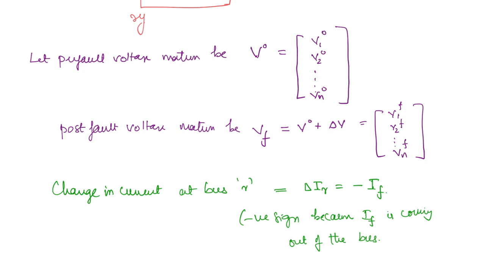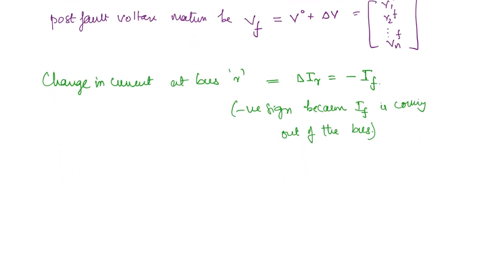Now we will make use of the second equation. What was the second equation? The change in voltages delta V will be equal to the impedance matrix into the change in currents.